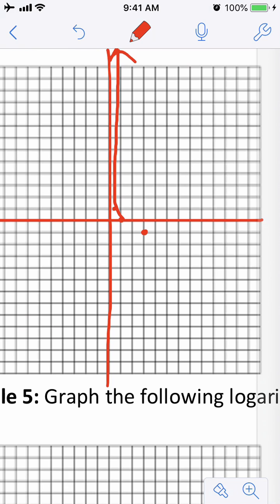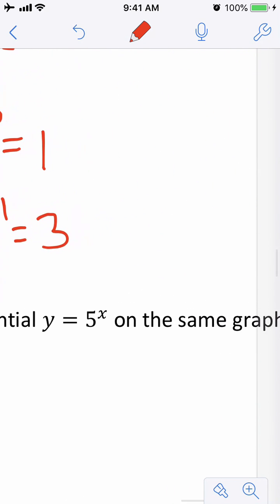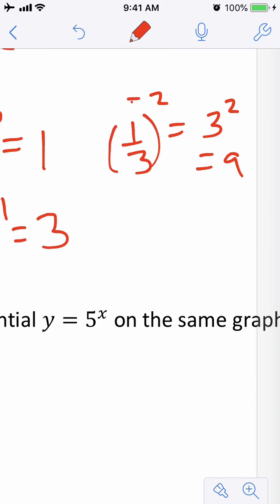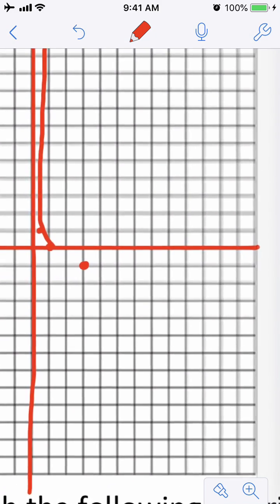And then on this other side, well, this one is going to actually hit, what is 3 squared? Or what is 1/3 to the negative 2? Let's go negative 2. 1/3 to the negative 2. Well, that flips it over and you get 3 squared. That's going to be 9. So in this case, it's actually going to hit on the graph before it heads off, right?